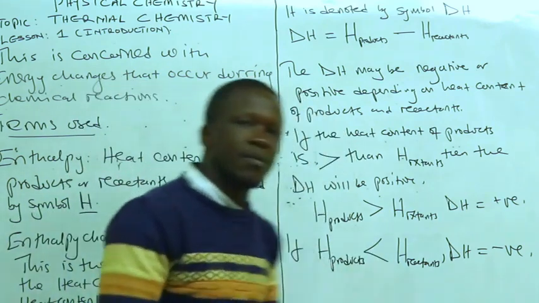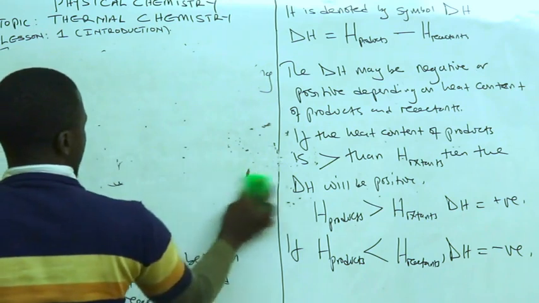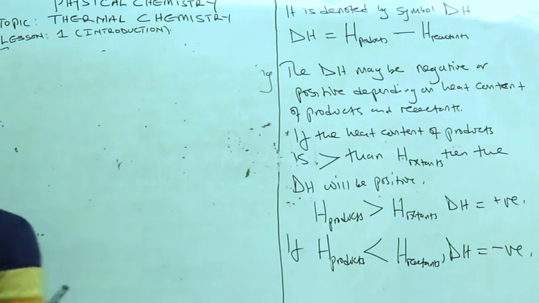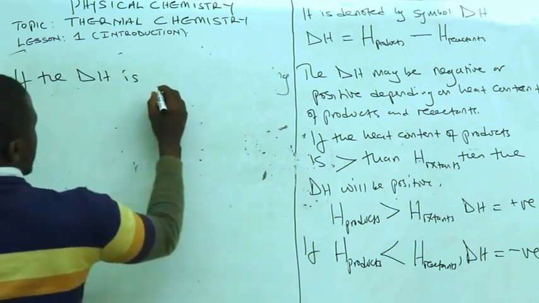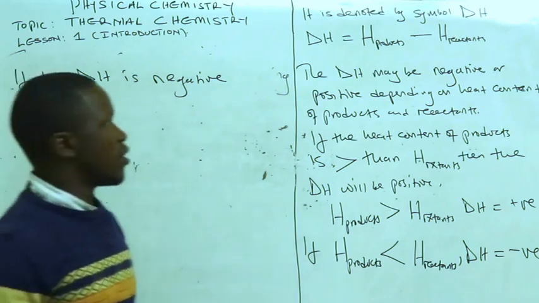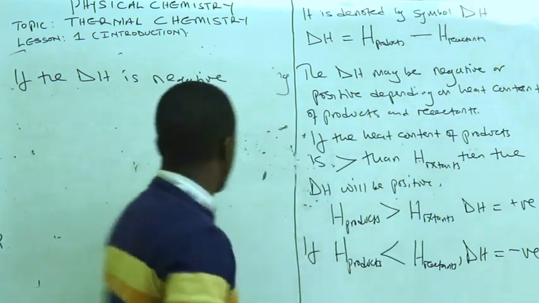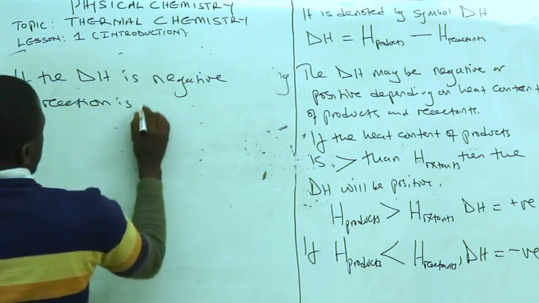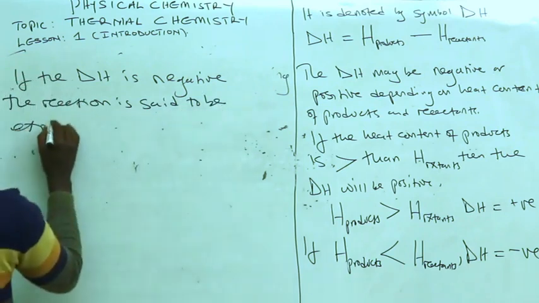Now, there are certain terms that we use to denote such reactions. If the overall enthalpy of the reaction is negative, it is negative when the heat content of the products is lower than the heat content of the reactants. The reaction is said to be exothermic.